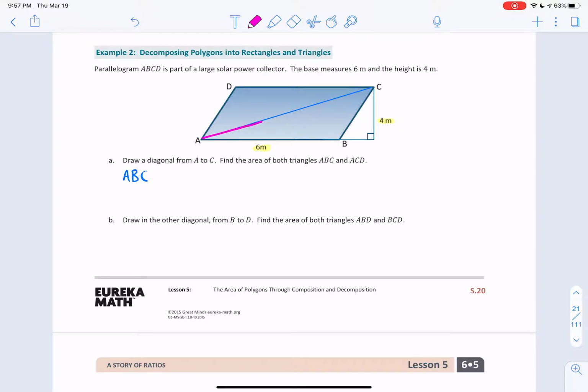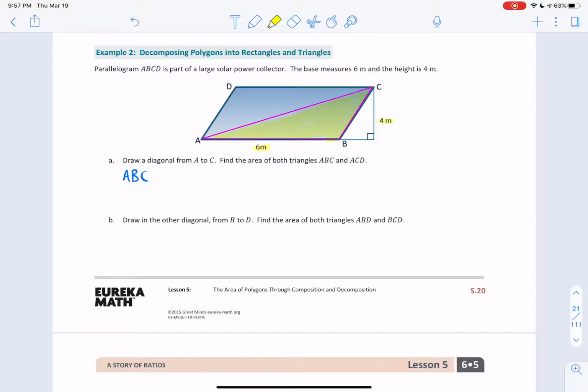So it's from A to, actually I should have gone to B. Let me show that better. A connecting to B, and then connecting to C, and then we close it. So that is triangle ABC, and I'm going to find the area of the yellow triangle.